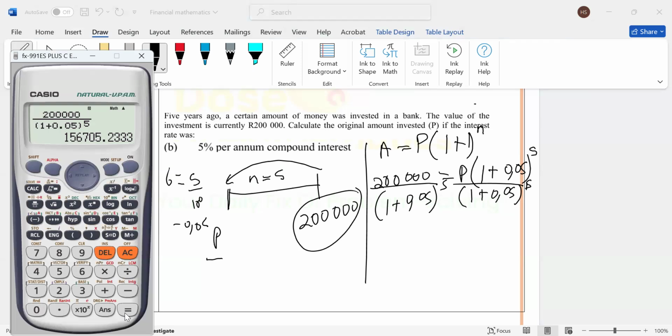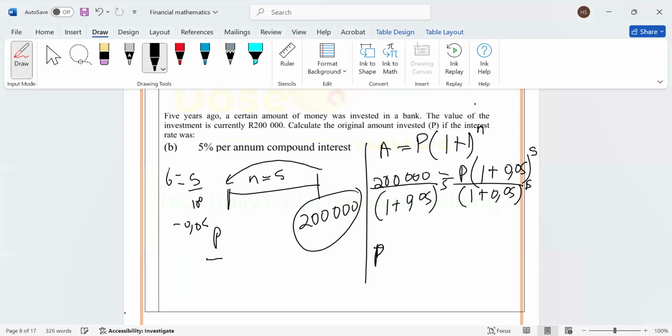Give me that value. It says our P is going to be equal to 156,705.0 something. This is money. It should be rounded off to the nearest cent. They don't have to tell you this is money. Whenever you're dealing with money, you are going to round it off to 2 decimal places.